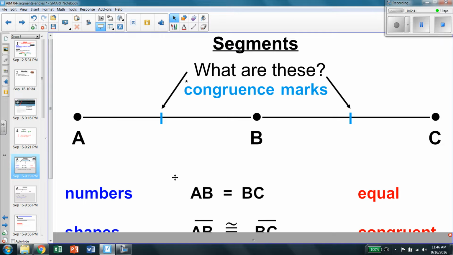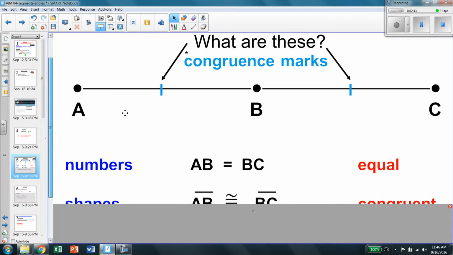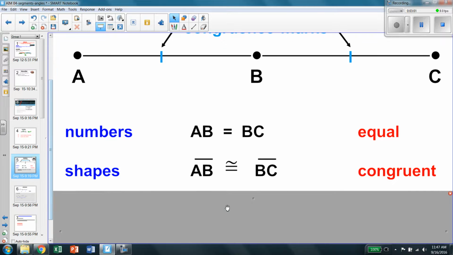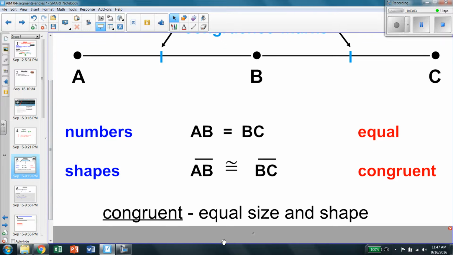And if we were talking about the values, say this was like 5 and this was 5, we would write it out that way. But if we're just saying that one segment is congruent to the other, we use this little congruence symbol. It's the same as an equals, but just with a little wavy tilde at the top of it, and that's the congruence symbol. And simply put, congruence means equal size and shape. Okay, that's the most basic definition of congruent or congruence.